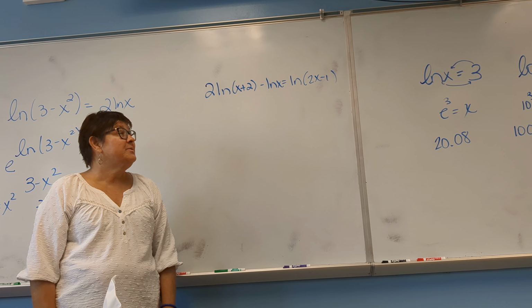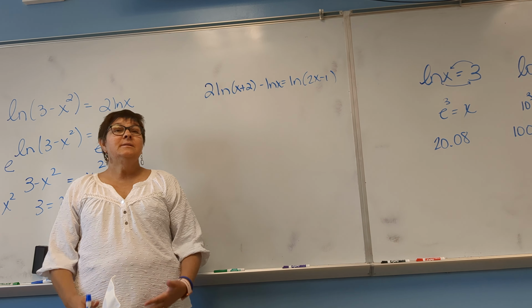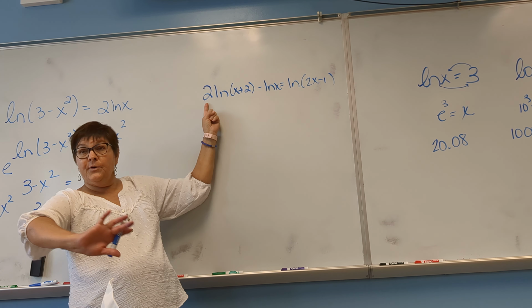So what do I have to do in order to condense this to make it ln of stuff equals ln of stuff? Think about the properties we talked about on Friday. How can I condense it to make it something that I can E it? The front, that's a good first step.